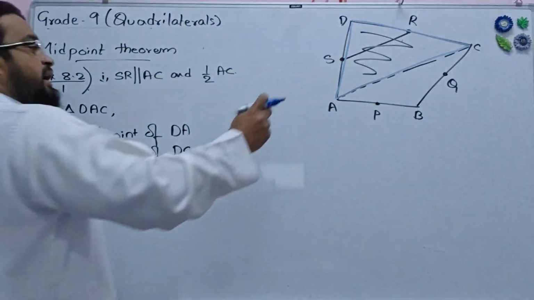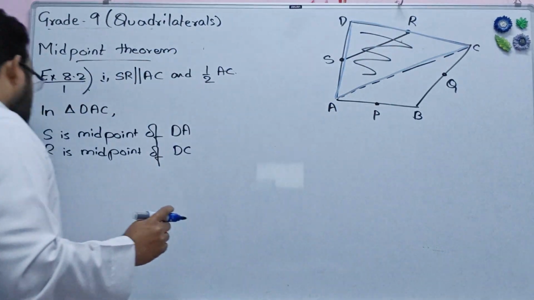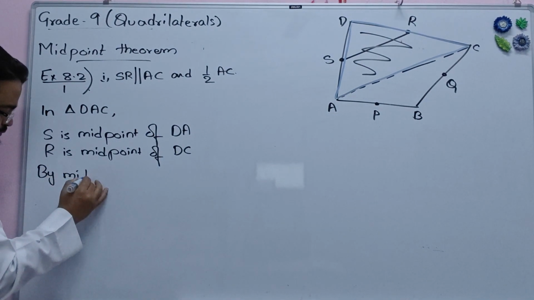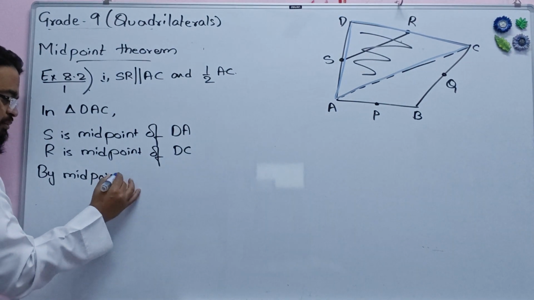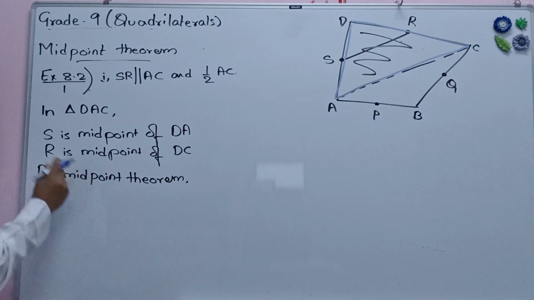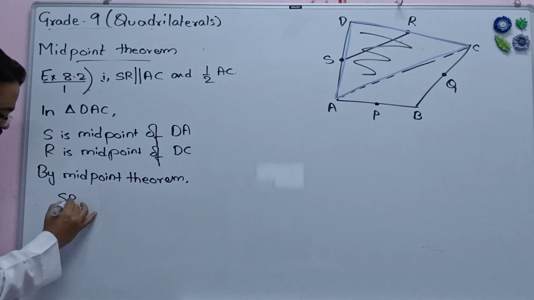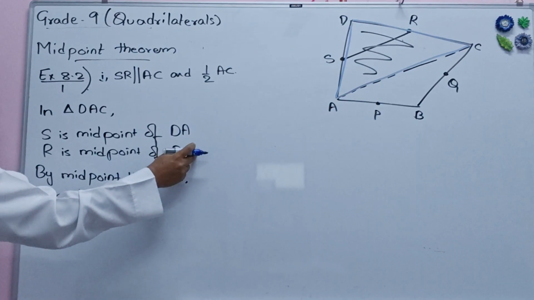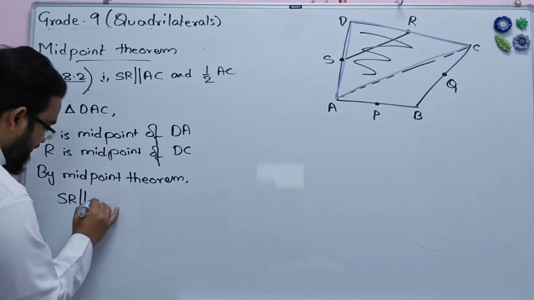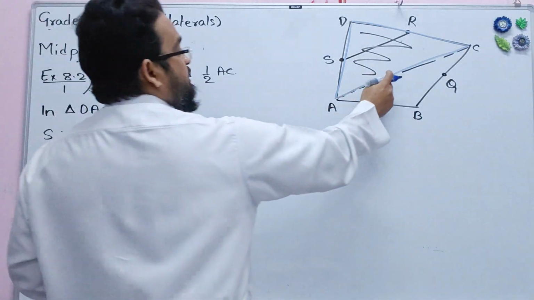So now the line joining S and R, by the midpoint theorem, SR is parallel to AC.